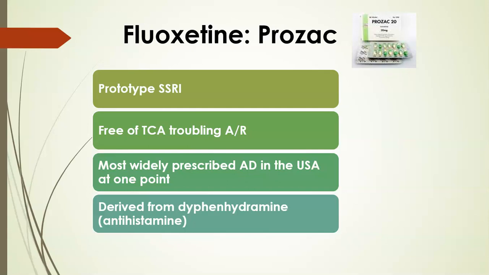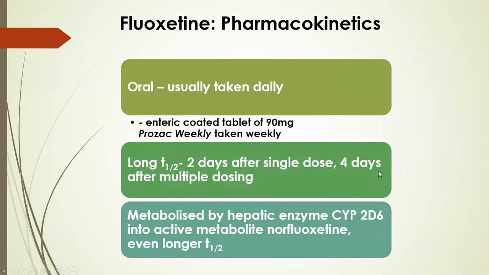This drug was initially derived from the antihistamine drug diphenhydramine. The drug is usually taken orally, daily, but there are also weekly preparations available. It has a long half-life, and the half-life actually increases after multiple dosing.